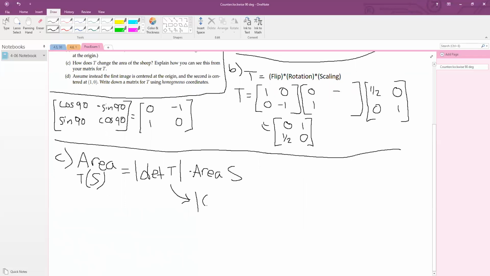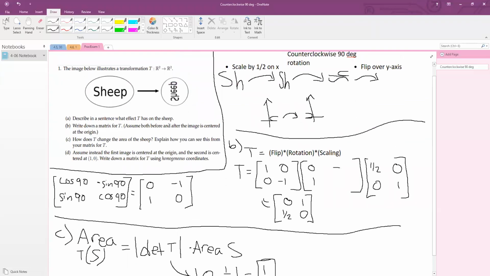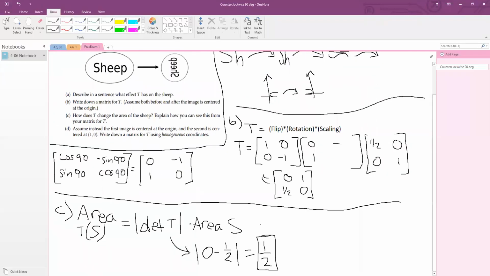So this is just going to be 0 minus, and then BC is 1 times 1/2. So this is going to be negative 1/2. Take the absolute value, and you should just get 1/2. So what this says is that the area of our new image is half the area of the old image, and the determinant told us that.